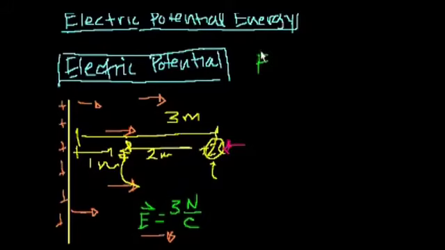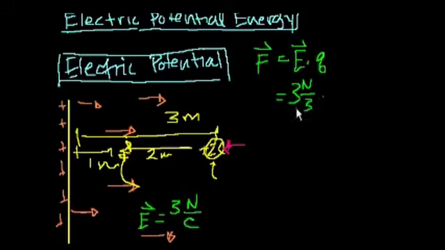Well, the electrostatic force on this particle is equal to the electric field times the charge, which is 3 newtons per coulomb times 2 coulombs, which equals 6 newtons. So at any point, the electric field is pushing this way with 6 newtons.